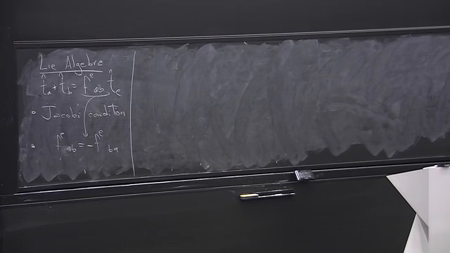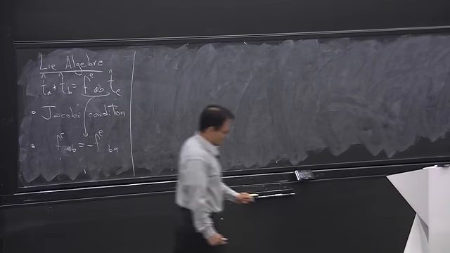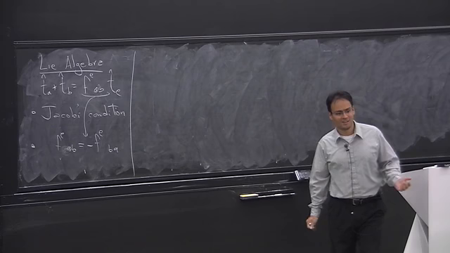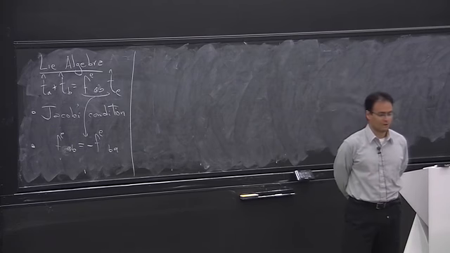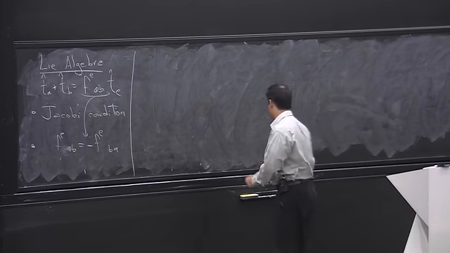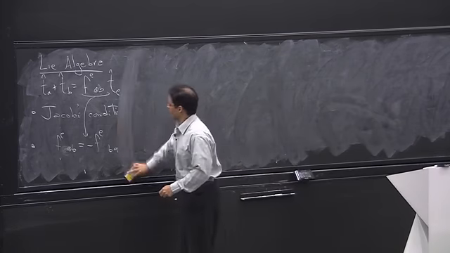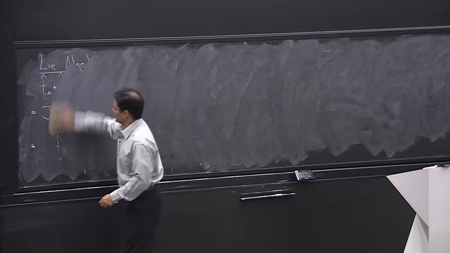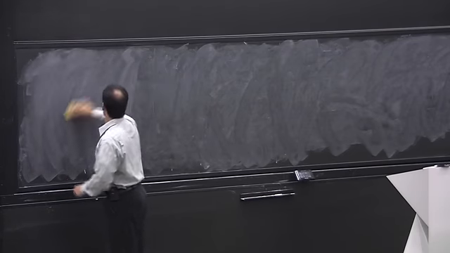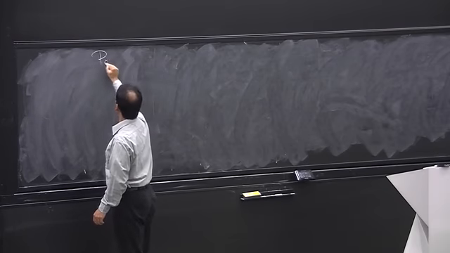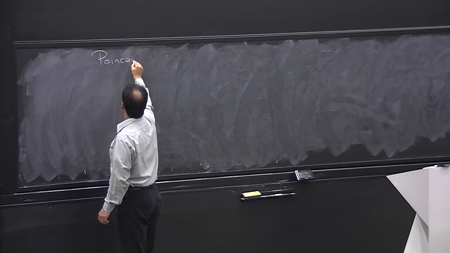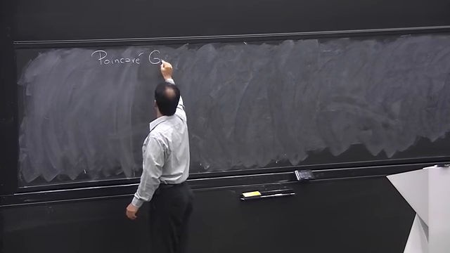And the interesting example is the most basic one, right? Which you can probably guess. So we're going to study a group today, which is a group that you started to study with Anna yesterday. Okay? So today, we're going to concentrate on the Poincaré group.